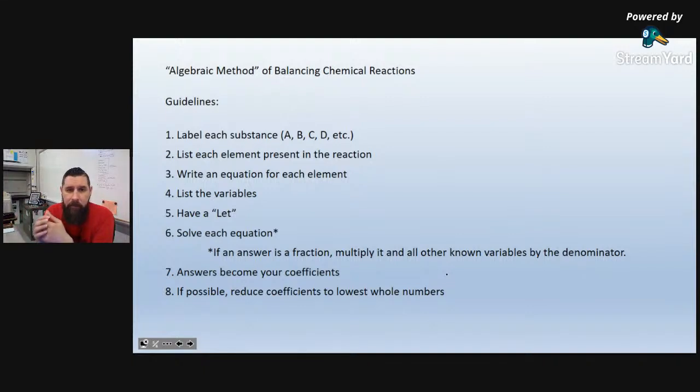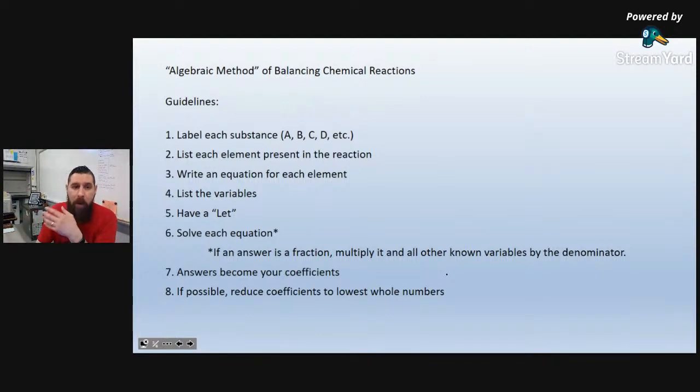After we've got our let, we solve each equation, and if it turns out that we end up with a fraction, we simply multiply that fraction and any other coefficients or variables that we've already solved for by the denominator of that fraction. Lastly, our answers become the coefficients, and if possible, we reduce coefficients to the lowest whole number values.